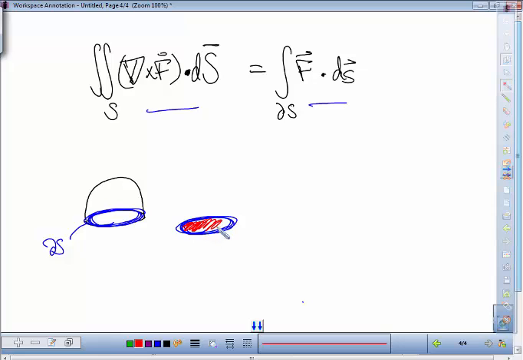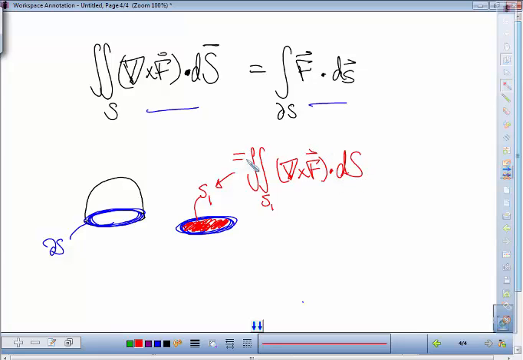What if I just had a flat disk? Let's call this S1. Then this should still be okay. So I can still do a flux integral over S1 of the curl of my vector field dotted with dS.